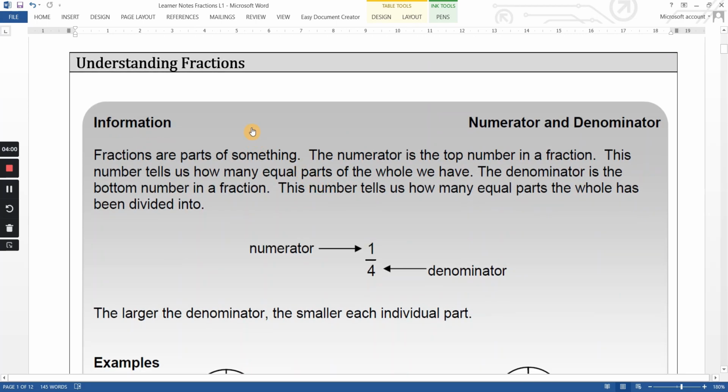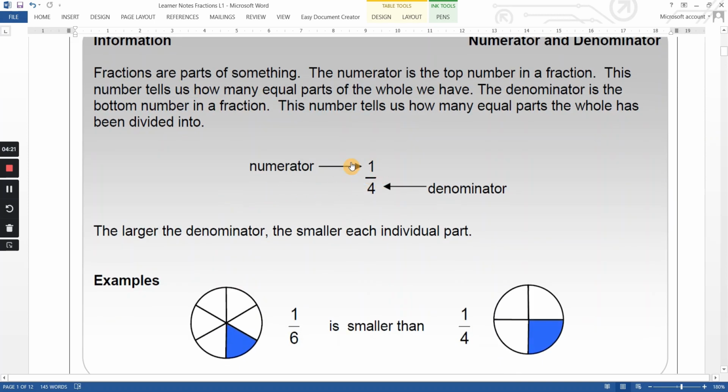So let's understand what fractions are. Hopefully you should know that fractions are parts of something. The numerator is the top number in the fraction. This number tells us how many equal parts of the whole we have, and the denominator is the bottom number in a fraction. This number tells us how many equal parts the whole has been divided into.